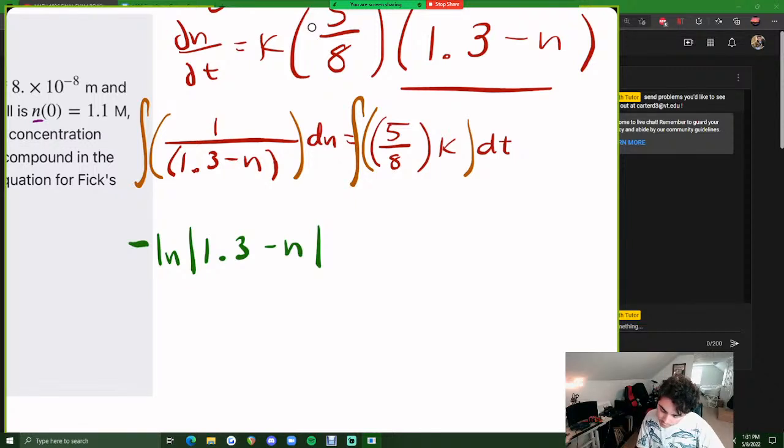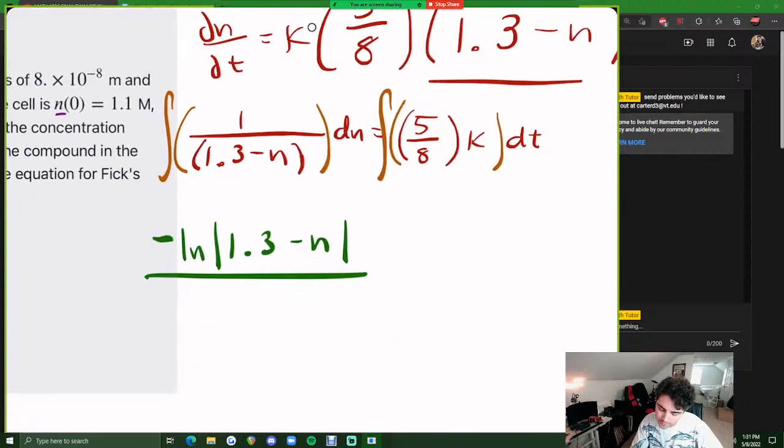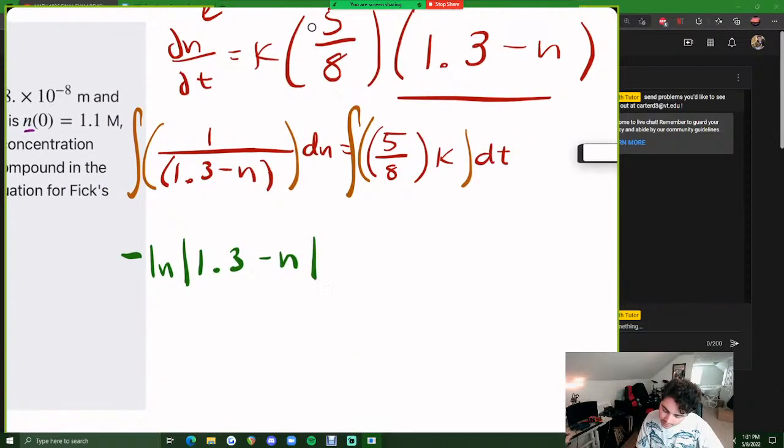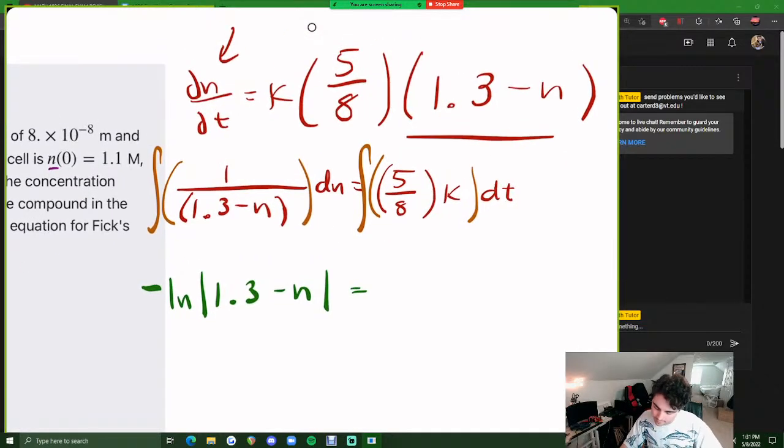Because if we took the derivative of this, we would get this, but it would be negative. So we need to tack on this negative so that it negates that negative. So basically just negative ln of this. All right. If you want more explanation, go watch the videos I've done on this. Hopefully it makes more sense. All right, let's keep going.